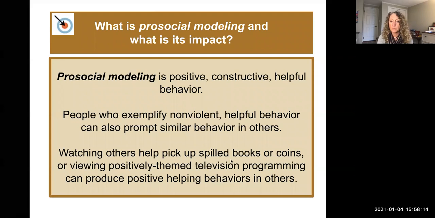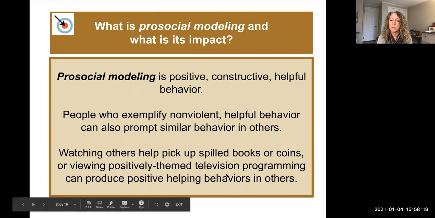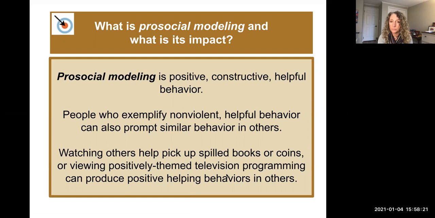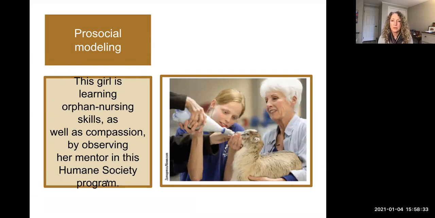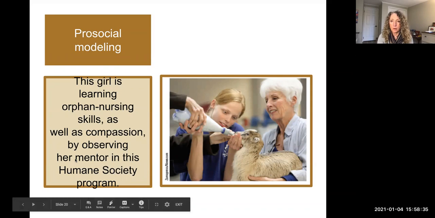Watching others help pick up spilled books or coins and viewing positively themed television programs can produce positive behaviors in others. And this girl is learning orphan nursing skills as well as compassion by observing her mentor in this Humane Society program. Oh, I want to do that program. That looks wonderful. All right, pro-social modeling.